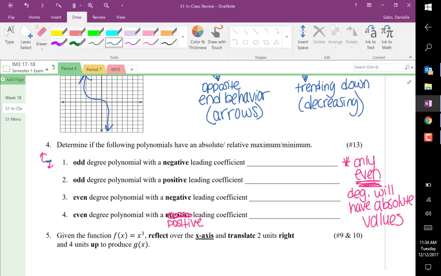So for all odd degrees, you can have a relative max or min. You just cannot have an absolute. For both of these, you can have a relative, but you can't have absolute. So I'm just writing that down so that you know that no matter what, odd degrees cannot have absolute values.